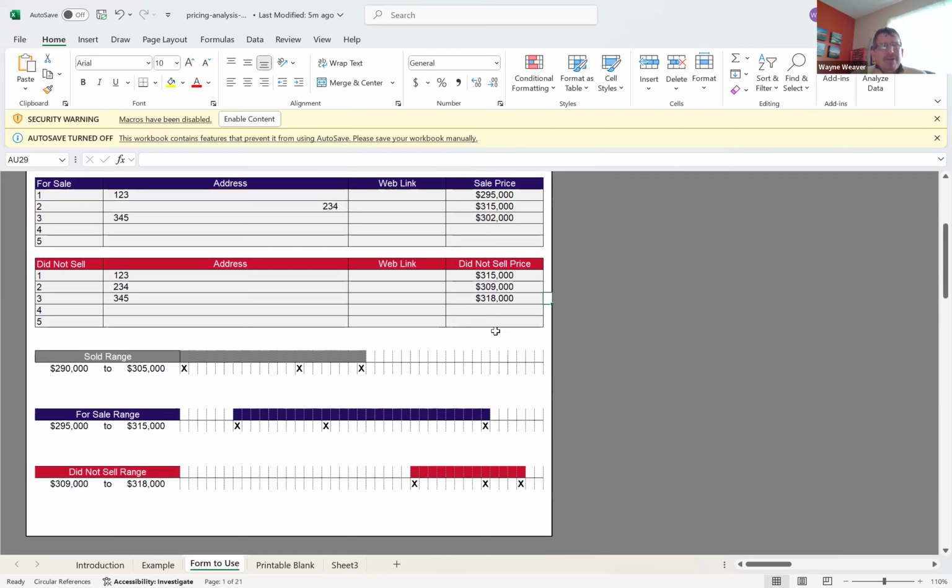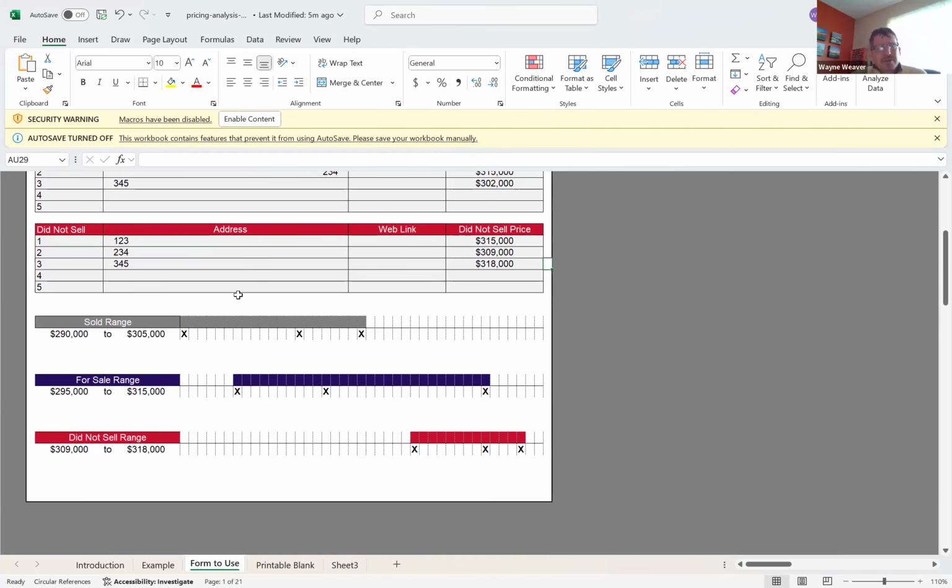So now when I come down to this graph, this is where you start this conversation. Okay, Mr. and Mrs. Seller, we are... I'm saying we should be priced at 300, which is right in this range.